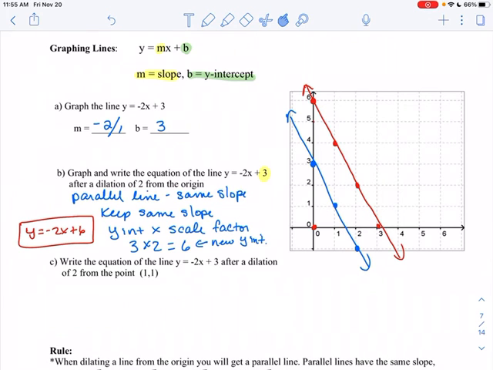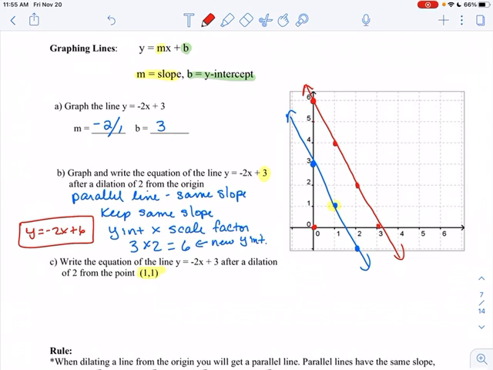The second situation is if you dilate a line from a point on the line. So look at C right here. Write the equation of the line y equals negative 2x plus 3 after a dilation of 2 from the point 1, 1. Well, let's look at what the point 1, 1 actually means. The point 1, 1 is actually right here on the line y equals negative 2x plus 3.